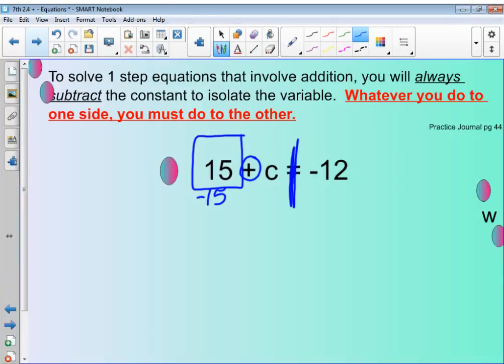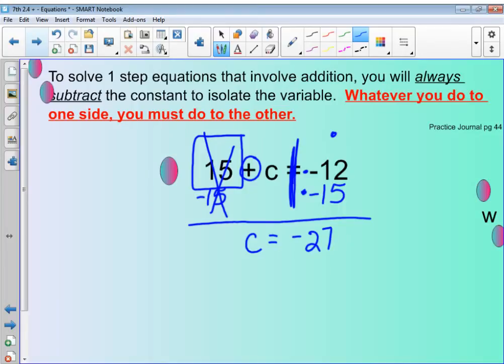It depends. Here it was a positive sign, but had it been a negative, it wouldn't necessarily be the opposite of whatever the symbol is. So here we're going to do minus 15. That's gone. We come to this side of our equal sign and write the same thing. We're balancing it. That minus 15 is going off of each side. Now on this side, I have a positive C equals, same symbol, find the sum. So 27, apply the same symbol, negative 27.